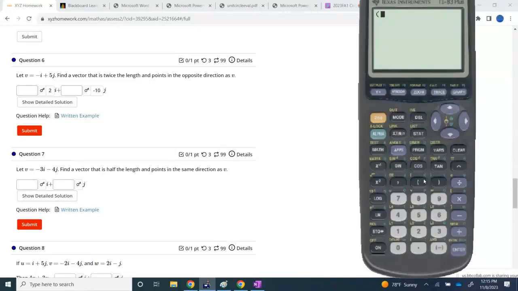I think I must use a parenthesis first, then a curly bracket. For negative 3i, the coefficient is negative 3. For negative 4j, the coefficient is negative 4. I'm going to close off the curly bracket, close off the numerator, then divide by 2. So I get negative 1.5i minus 2j.